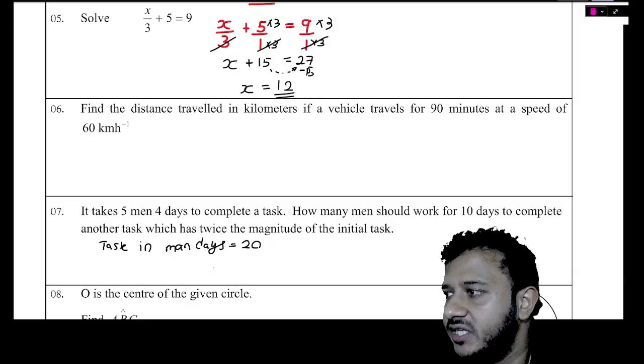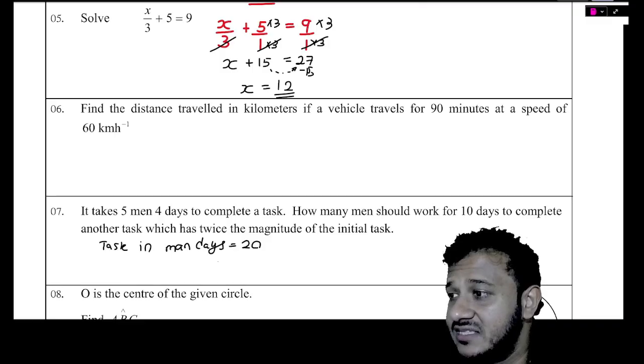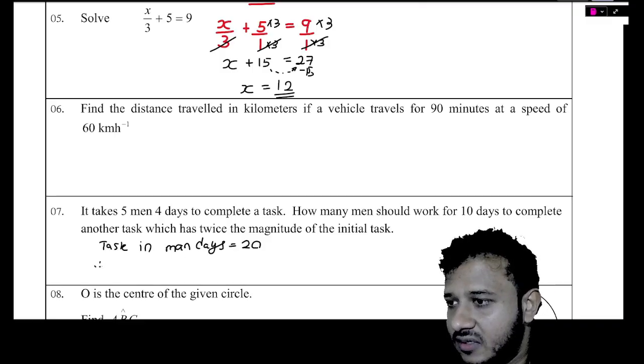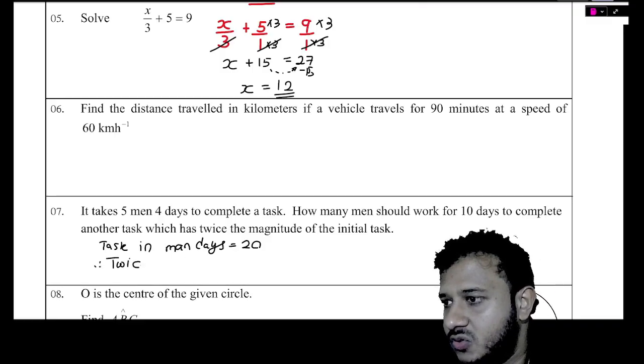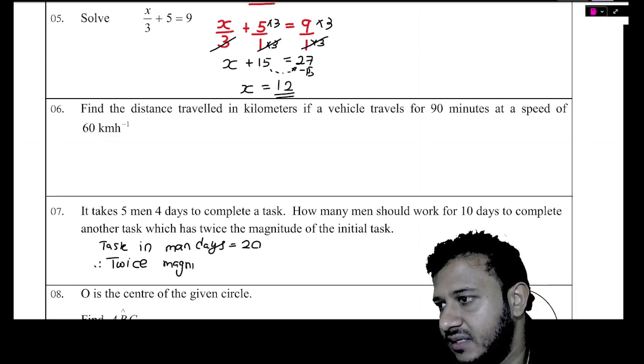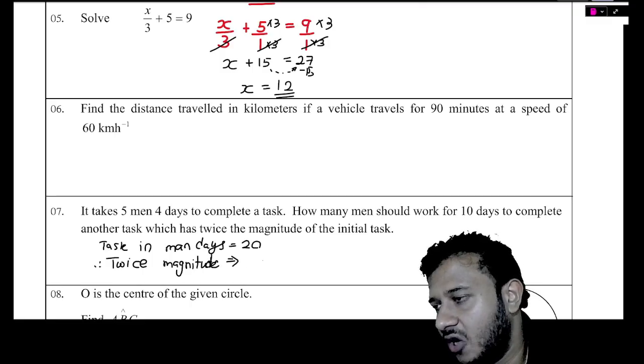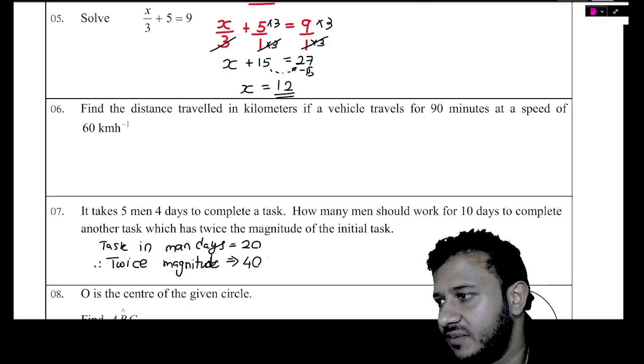How many men would it take for 10 days to complete another task twice the magnitude? Therefore, twice the magnitude will take how many man days? 40 man days.